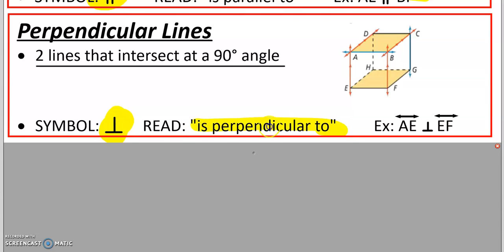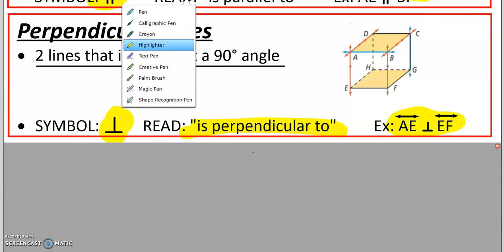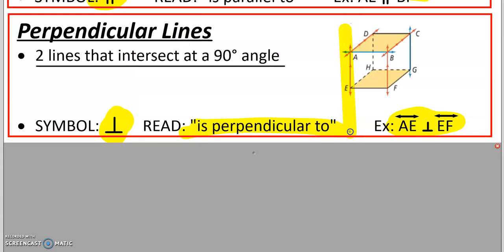I would read this example as line AE is perpendicular to line EF, and those are the two lines they were talking about in our diagram. You can use that notation. We've also seen that little square in the corner of two lines that are intersecting at a 90-degree angle. Okay, those are perpendicular lines.